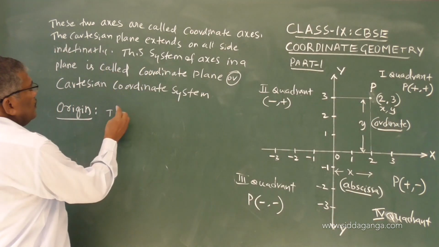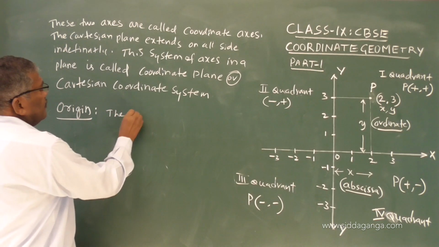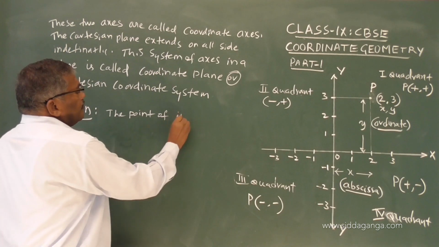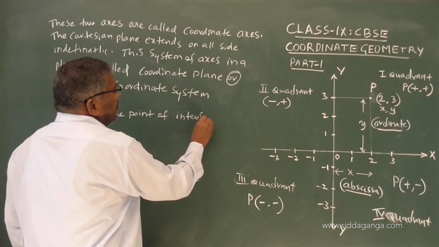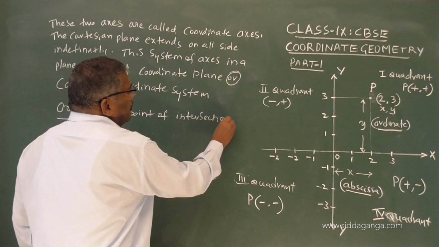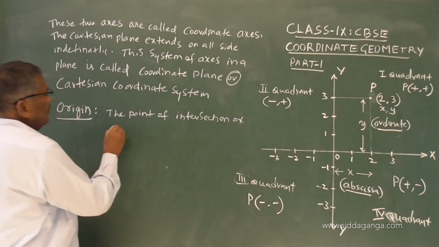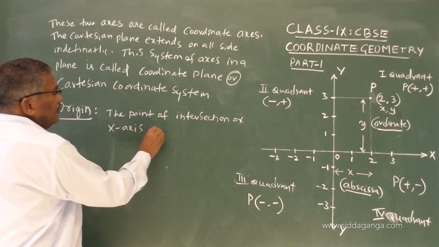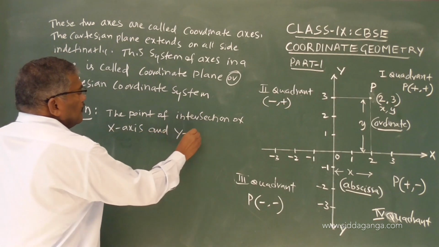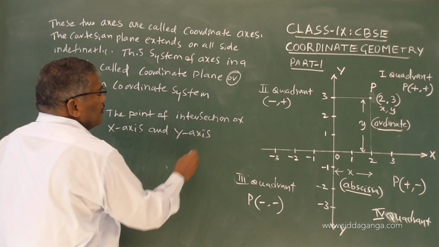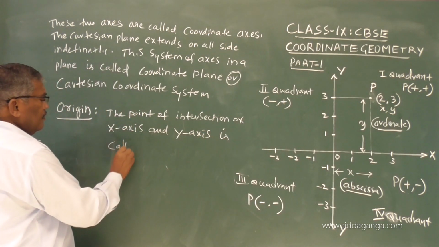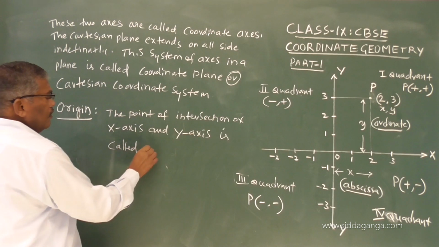So the point of intersection of the x-axis and y-axis is called the origin.